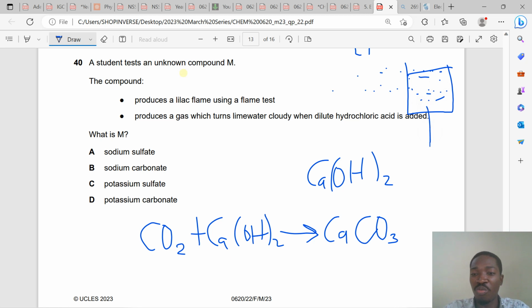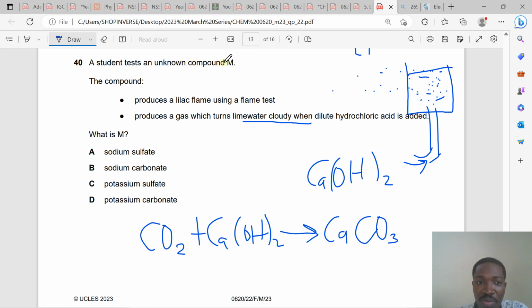When you bubble carbon dioxide gas through a pipe into this liquid, it will lead to the formation of CaCO3, and that is what turns cloudy. When lime water turns cloudy, then it's forming CaCO3. That simply means CO2 must be present in the process.